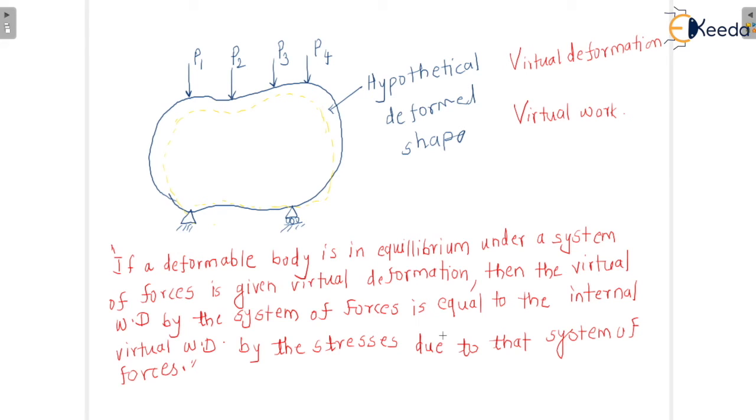Now let us move towards our next derivation for the unit load method. Okay, so let us see the unit load method, the fourth point. Now here also we are going to use the same diagram. Okay, now here let us consider this body, and let us quickly draw it.